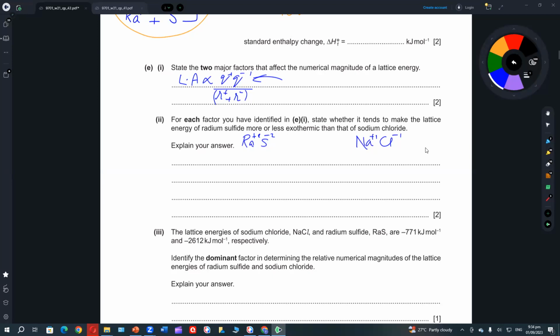So now we need to see who is bigger or smaller. Chloride is smaller. Is radium smaller than sodium? No, radium is larger than sodium. Ra+2 is bigger than sodium.